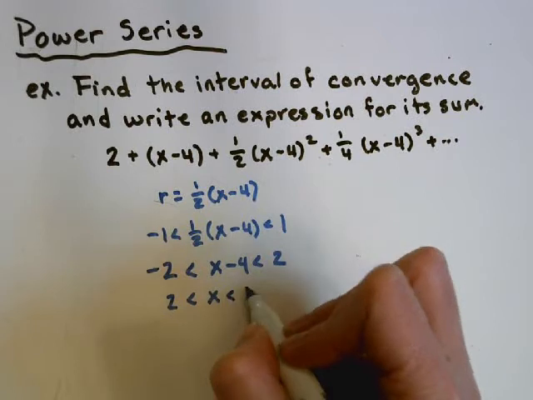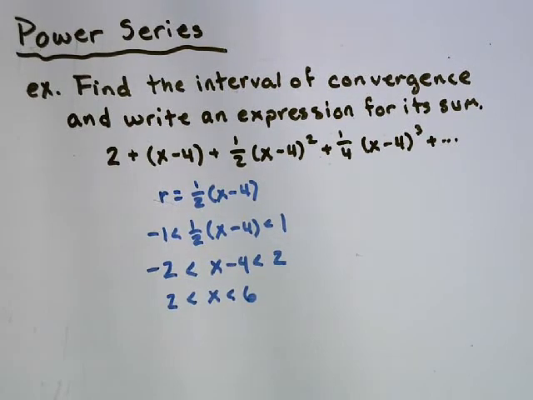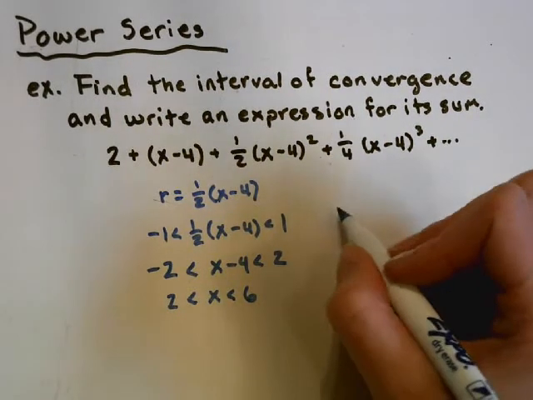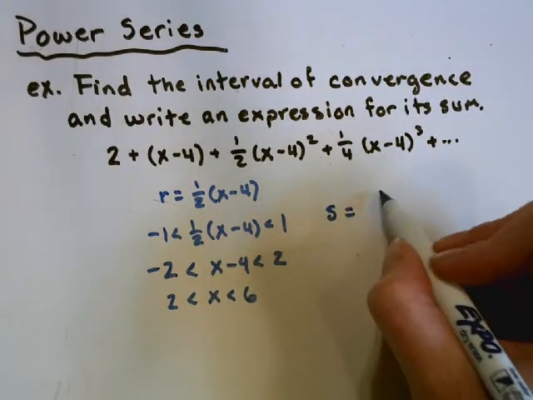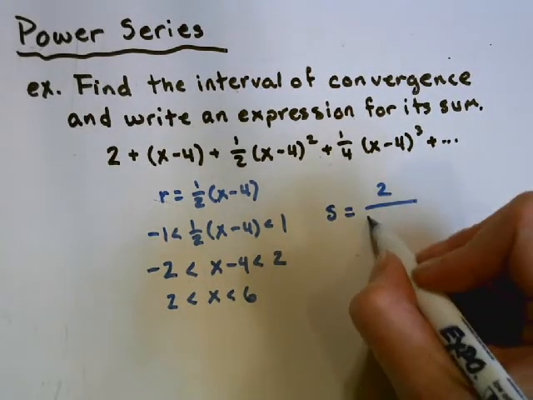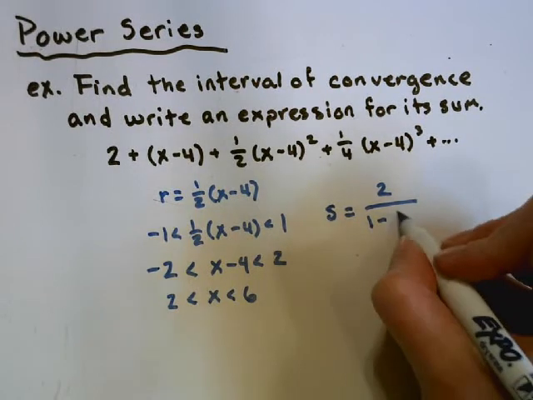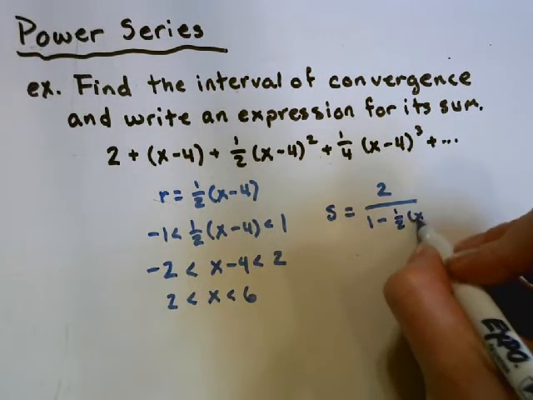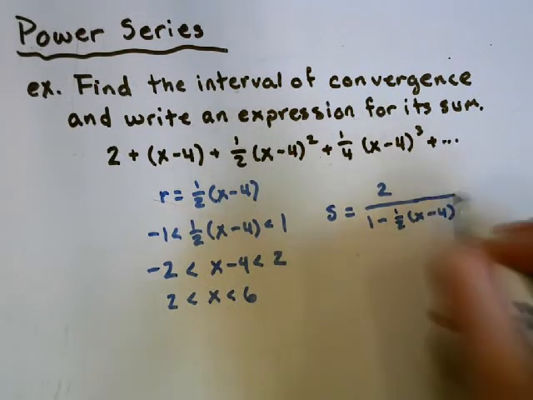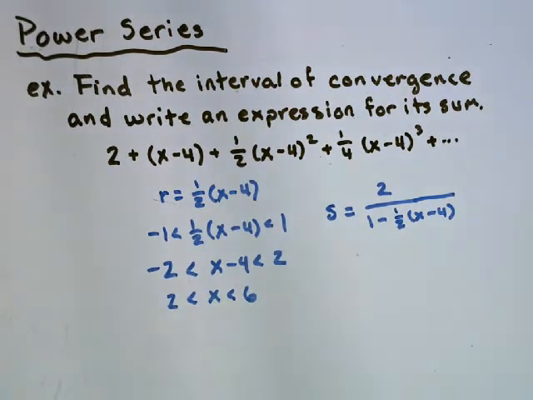And 2 plus 4 is 6. So there's my interval of convergence. My sum is going to be a1, which is 2, over 1 minus r, which is still 1/2 times x minus 4. Now you could certainly simplify this down, but you don't necessarily need to. So I'm just going to leave it just like that.